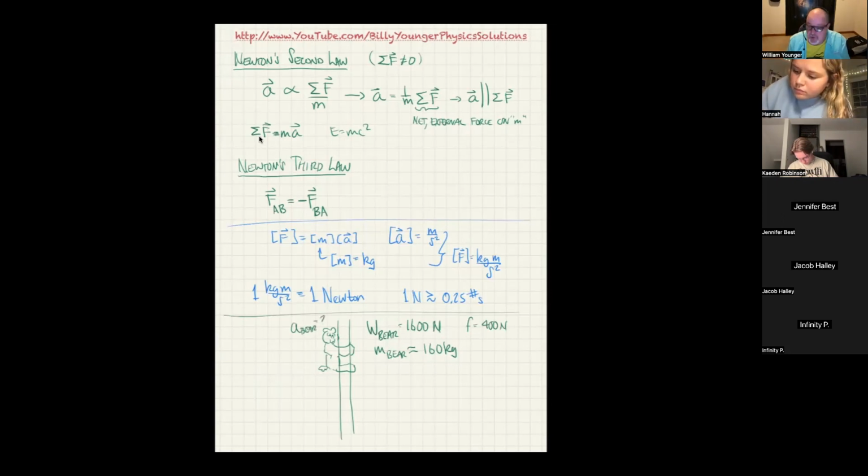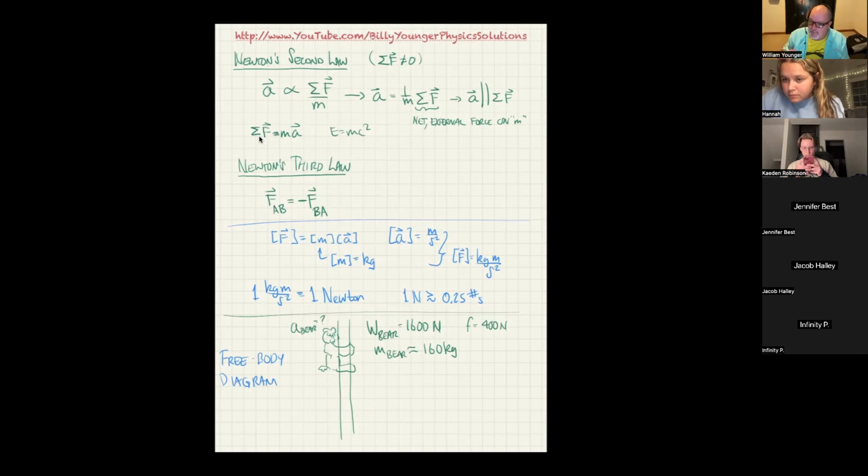This is one-dimensional motion, so I'm dropping the vector symbols. Generally speaking, when we solve Newton's laws of motion, especially Newton's second law, we draw what's called a free body diagram. That's a diagram that allows us to simplify the problem, usually to the object being like a ball or an infinitesimal ball or a point object.